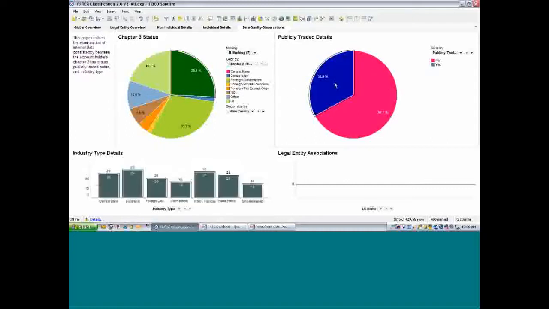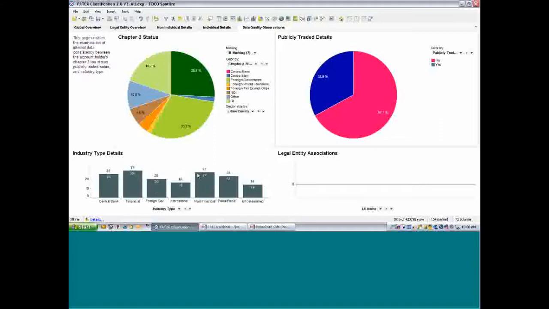So going further down into this group of publicly traded central banks, we look across at their industry information. So 25 of them have industry information that aligns to their Chapter 3 status. Financial, that's debatable whether it aligns to central bank, and same with foreign government. They could potentially align to a central bank.